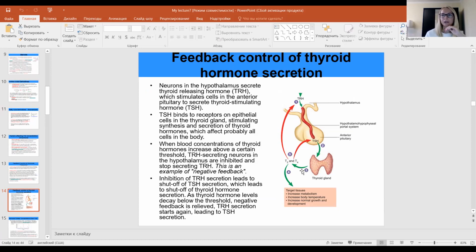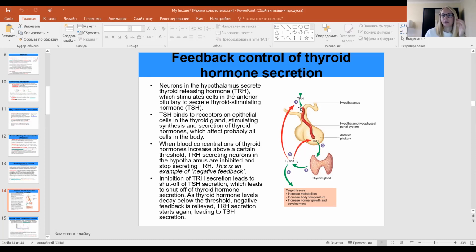So how does the negative feedback loop work? If the level of T3 and T4 is low, it is a stimulatory signal for neurons in the hypothalamus to release more TRH.